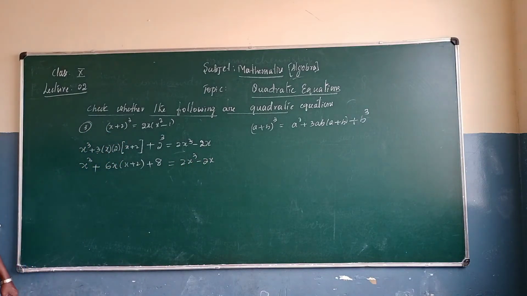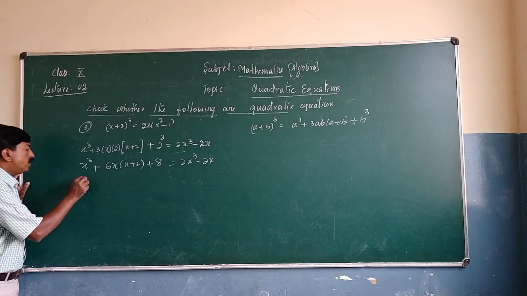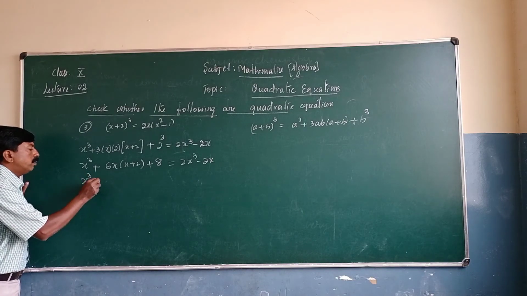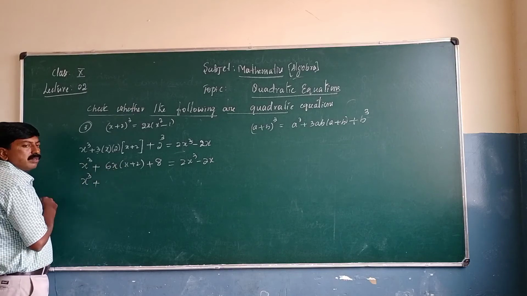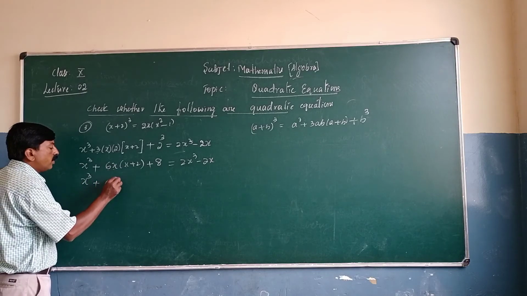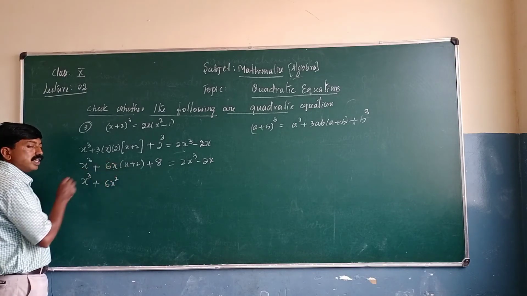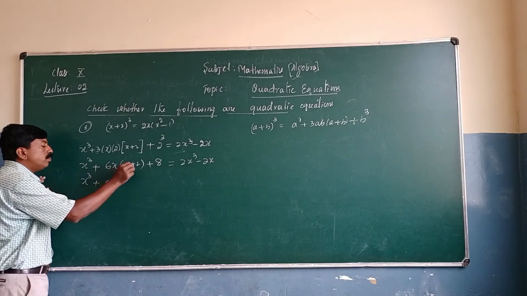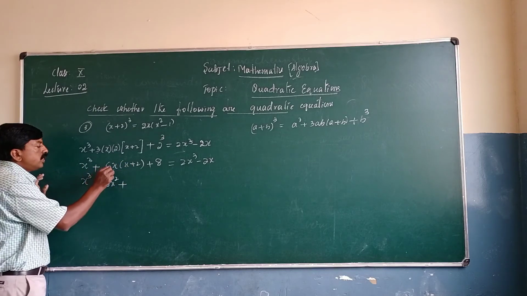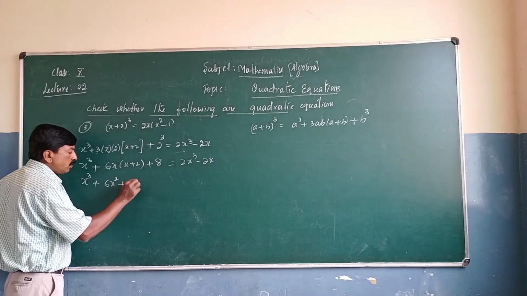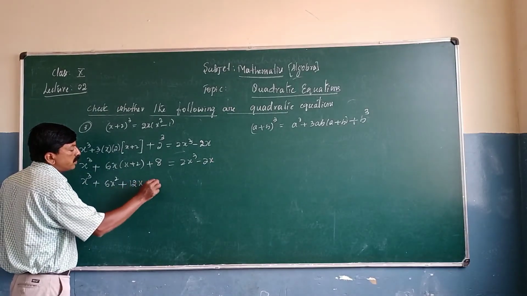Now x cube as it is, plus 6x into x, 6x square, plus 6x into 2, 6 2s are 12x, plus 8.